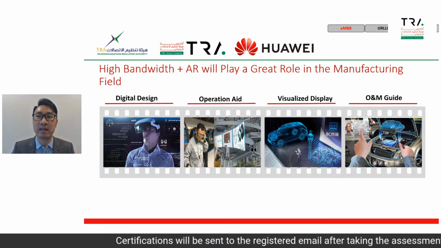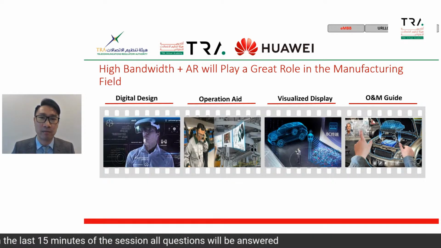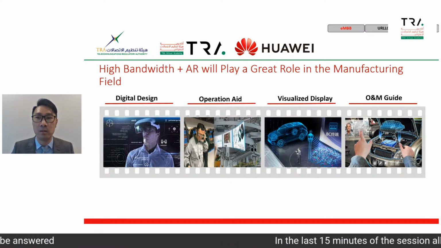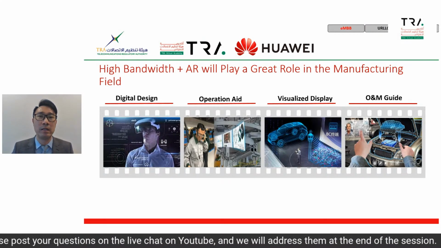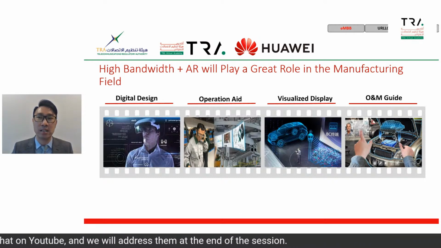This is a similar concept to the IoT, Internet of Things, where we want to connect all the sensors and equipment to the network. When we do that, we require massive connections. So these are the application scenarios.